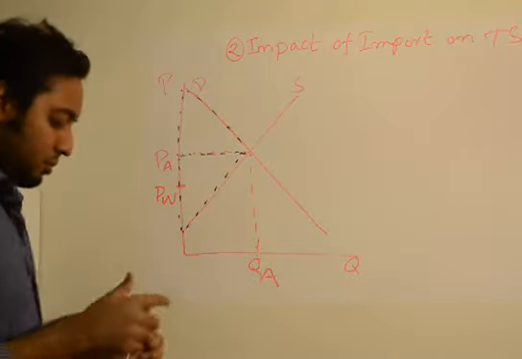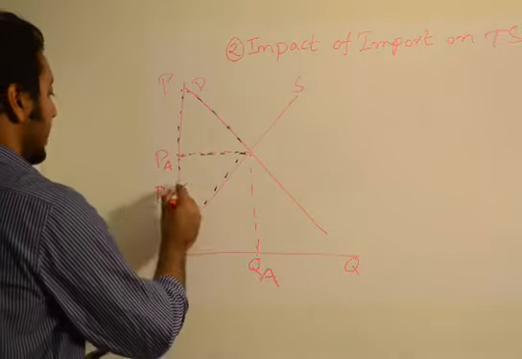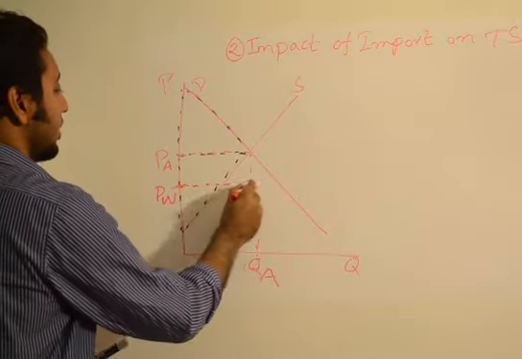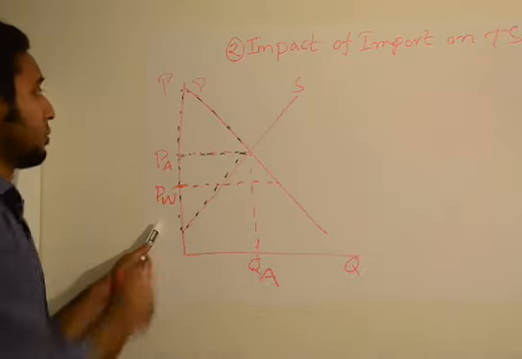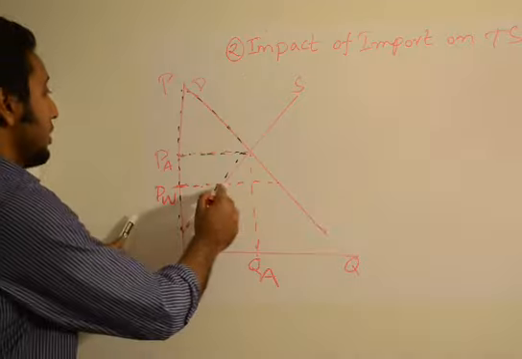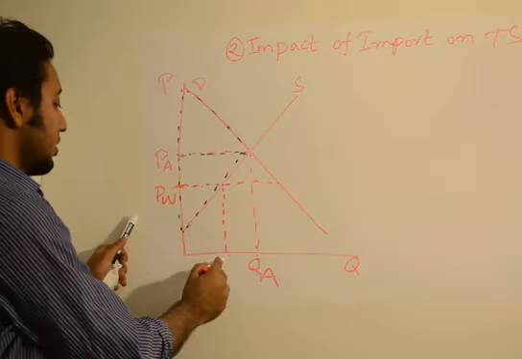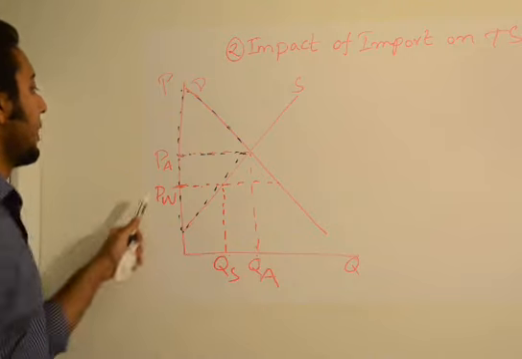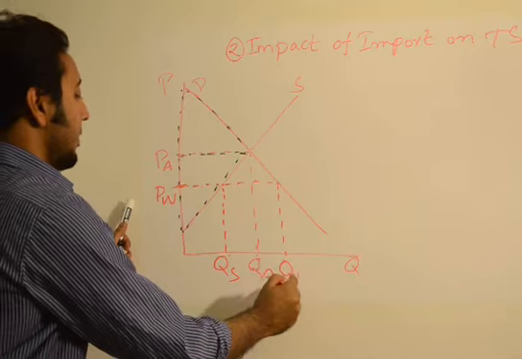After the trade, the price becomes PW in the domestic market, and we have a new price line. So the new price line looks like this. And from this new price line and the domestic demand and supply curves, we can find the new quantity supplied at the price PW. So the new quantity supplied is QS, and the new quantity demanded is QD.